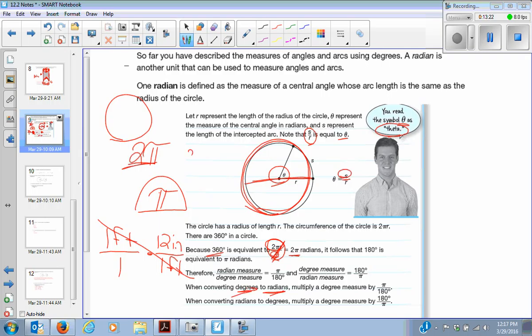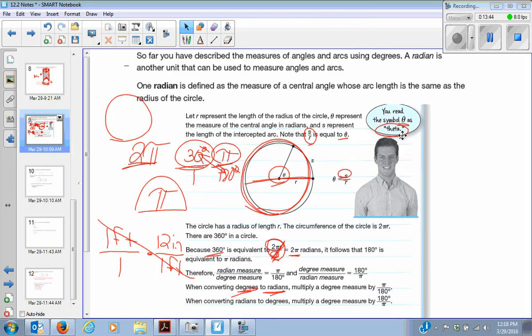So if I have 30 degrees and I want that in radians, I'm going to put 30 degrees over 1, and multiply that by pi over 180 degrees. Again, I want my degrees canceling out. That's how I remember it: they are across from each other for the one I want to cancel out, and that leaves the pi, or radians, allowing me to see that. So let's use this stuff.